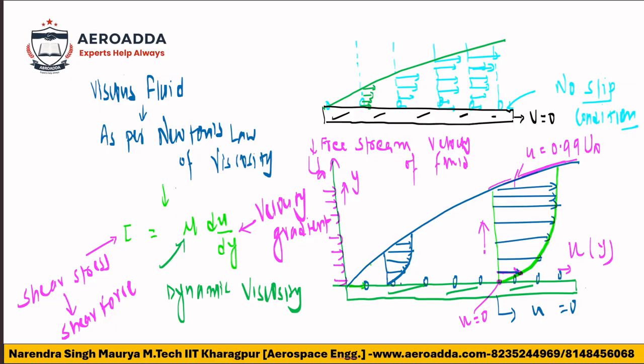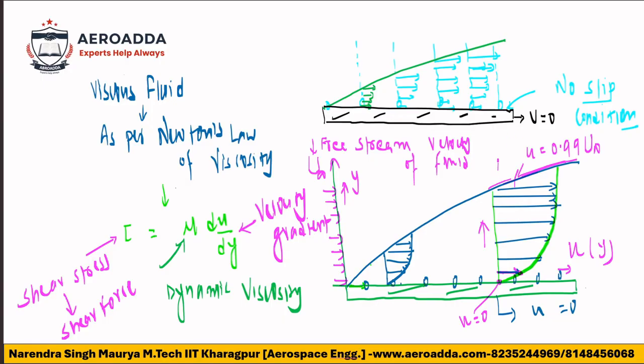If you see the variation in the boundary layer, it starts from zero, then becomes 10, 20, 30, 40, 60, 80, 99 meters per second. Once it reaches 99 meters per second, that is the outer edge, or the height of the boundary layer. After that you will get the free stream velocity.